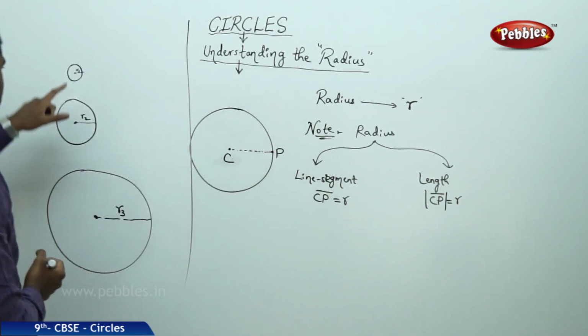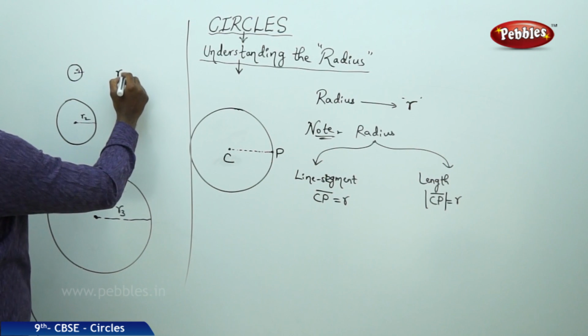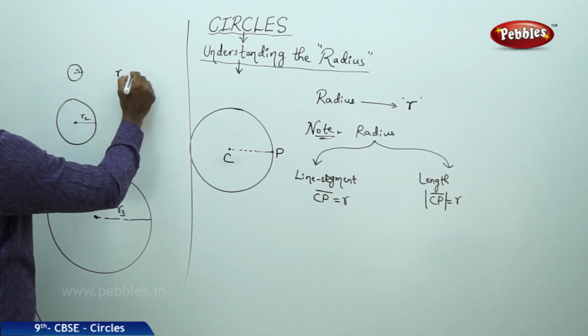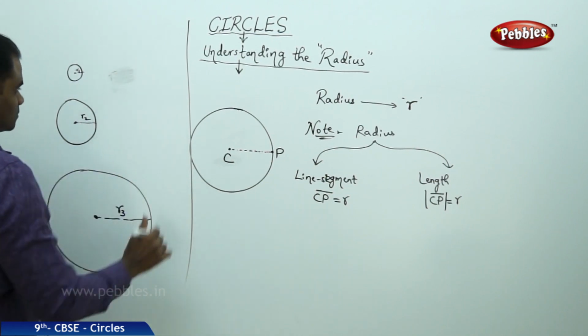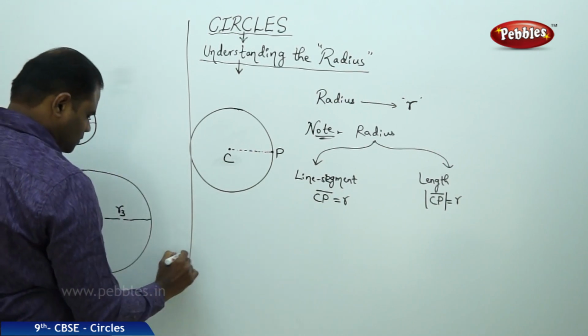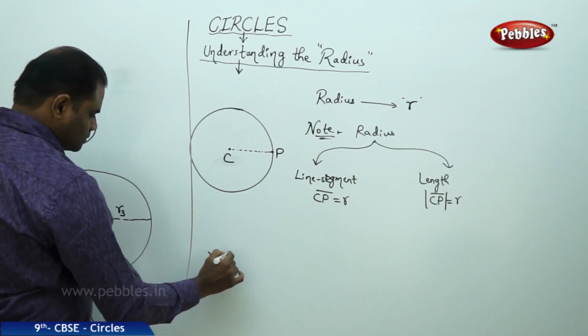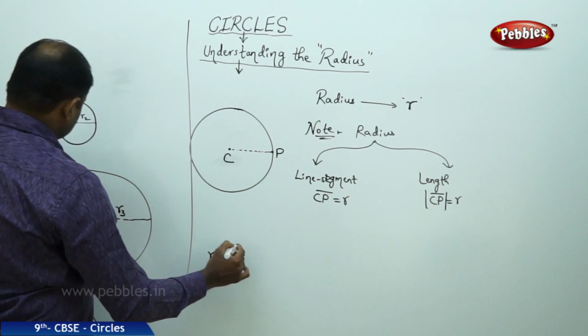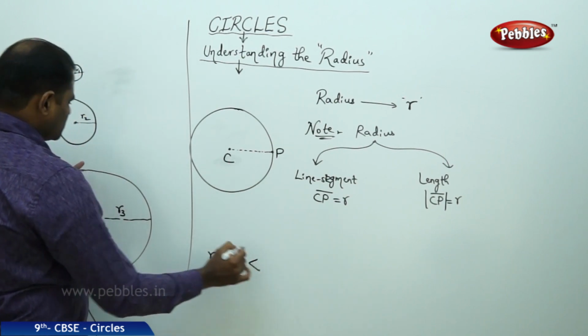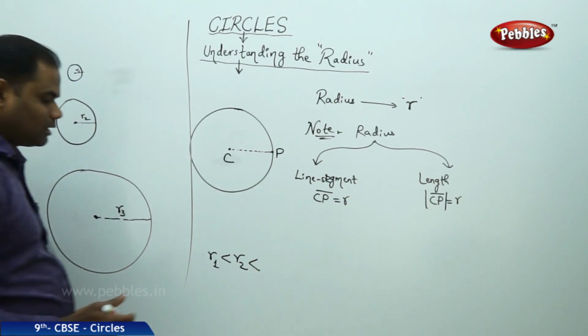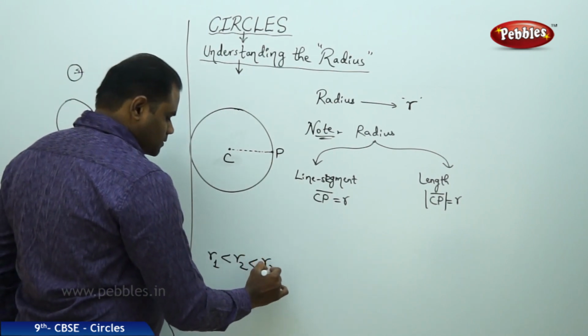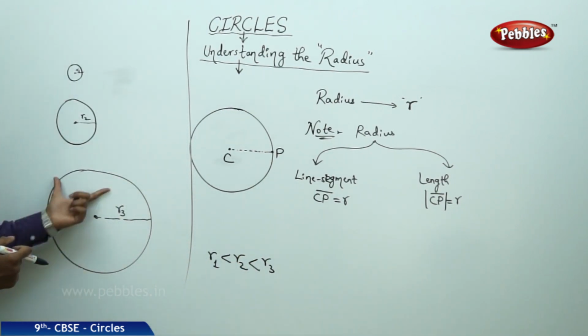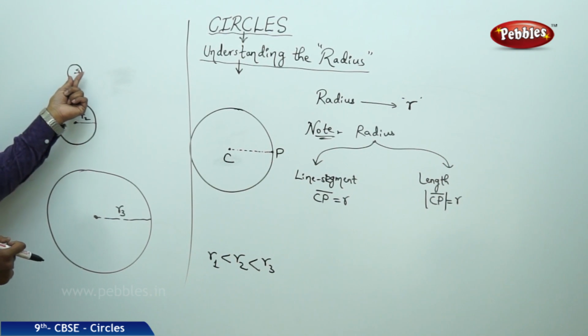Clearly I can see that this is r1, which is smaller than the next radius, r2, and this is smaller still than r3. That is, the highest radius is this and the smallest radius is this.